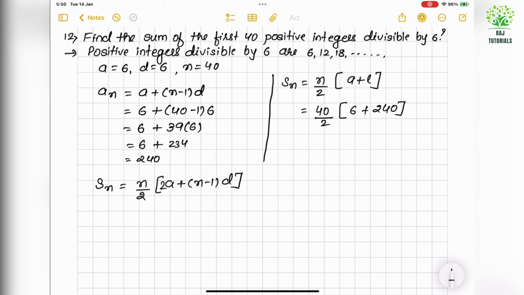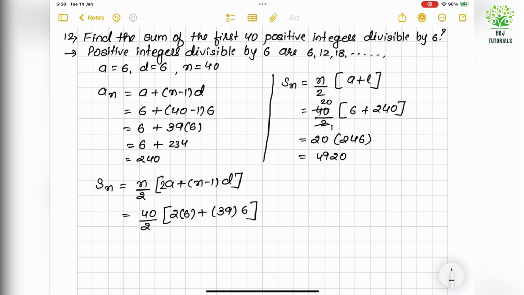So 20 into 246. So 4920. If I use this method, n is 40 by 2 into 2a. So 2 into 6 plus (40 minus 1) will be 39 into 6.